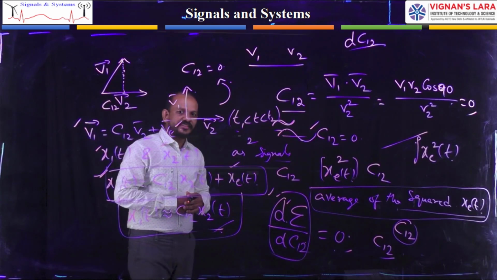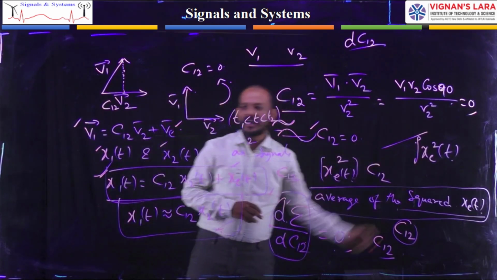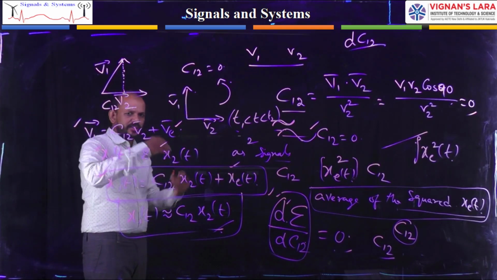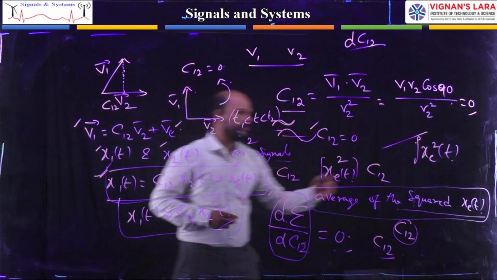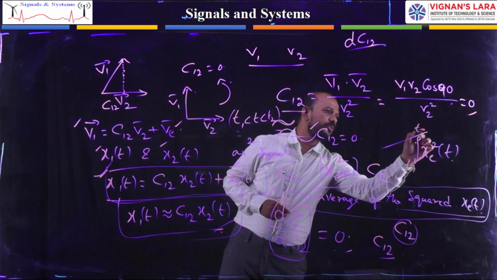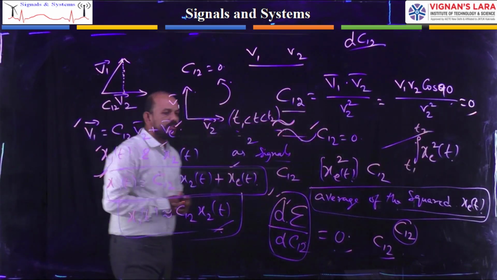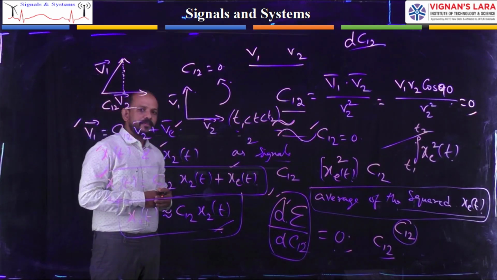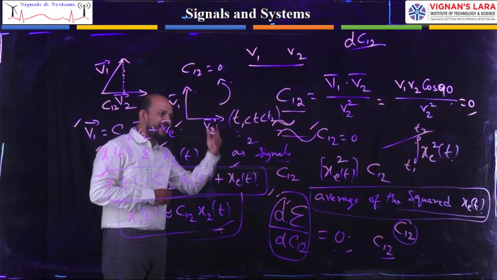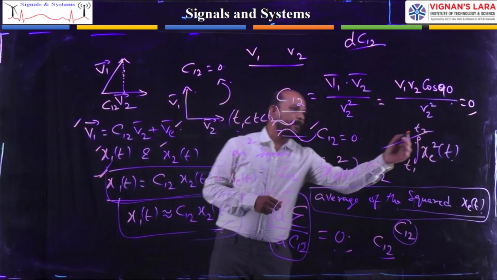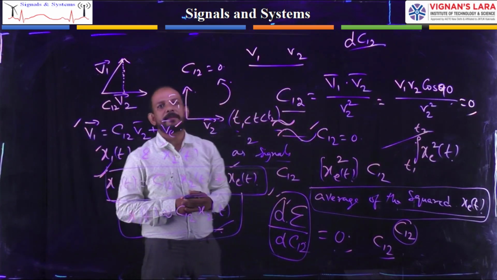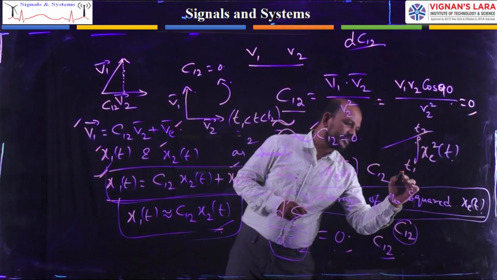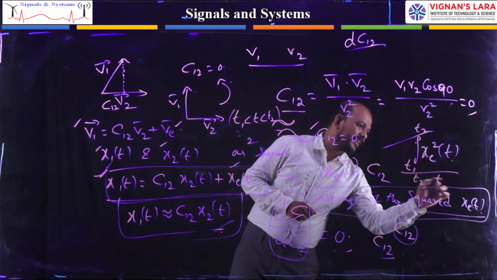First I have to add all the things in the numerator. For addition of a signal, we will use the integration, and these signals x1 of t and x2 of t are in the limits t1 to t2. So integral t1 to t2 xe square of t dt. That is the numerator part. I added everything, and in the denominator I need the count, that is the period. Here the upper value is t2 and the lower value is t1, so the period is t2 minus t1, and it should be divided by t2 minus t1.